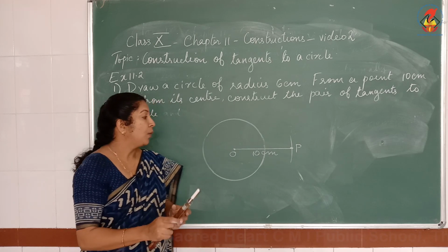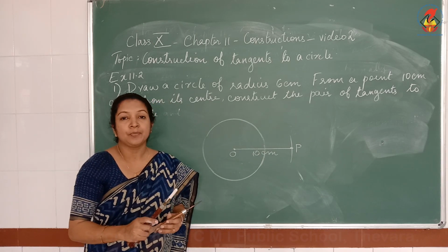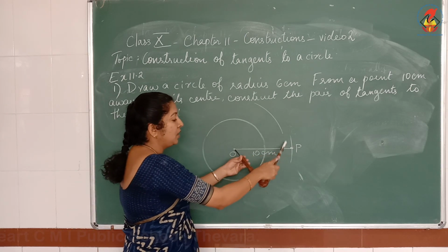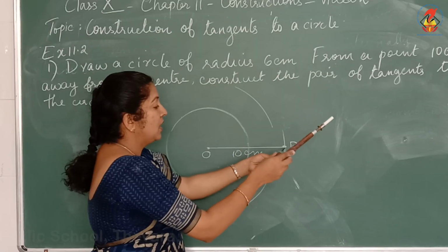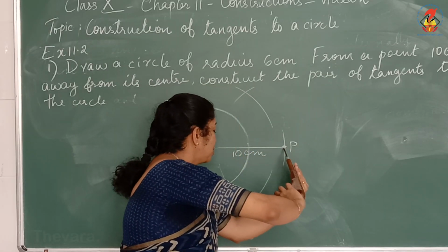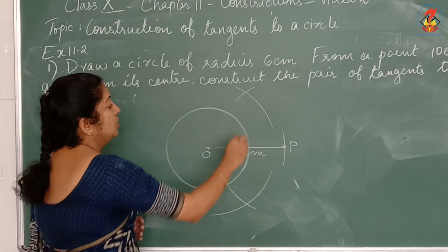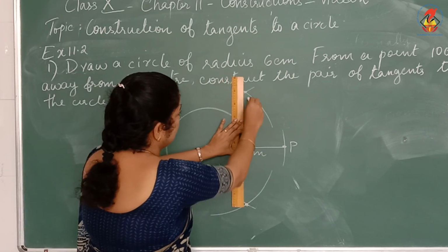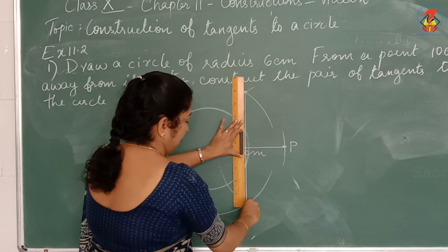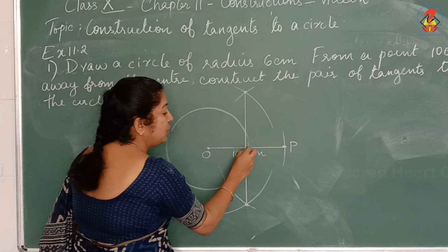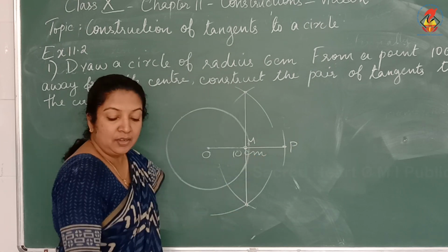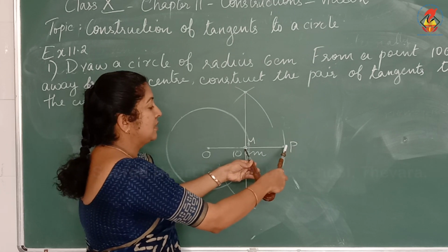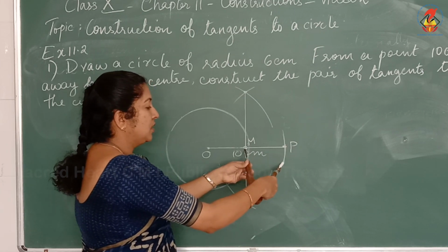For that, we have to draw the perpendicular bisector of OP. Take more than half of OP and draw 2 arcs from O and 2 arcs from P also. Mark these 2 points and join them. This is the midpoint, which you can mark as M. Then take M as the center and OP or OQ as a radius, and draw a circle.